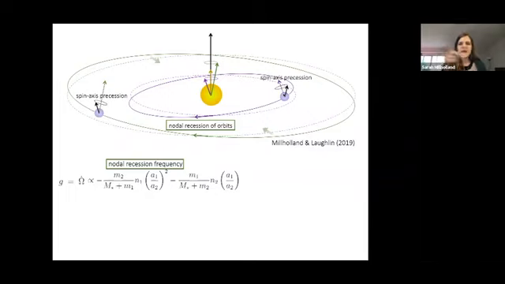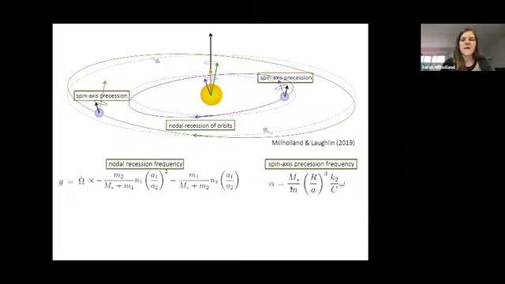This spin axis precession is occurring at a frequency which we can call alpha. And the comparison of these two frequencies is critical for dictating the resulting dynamical evolution of the obliquity.